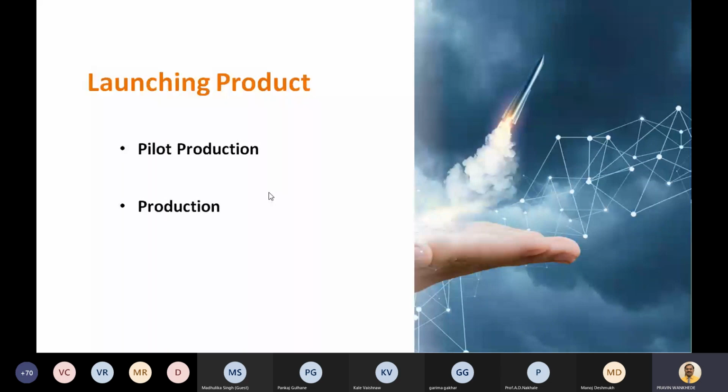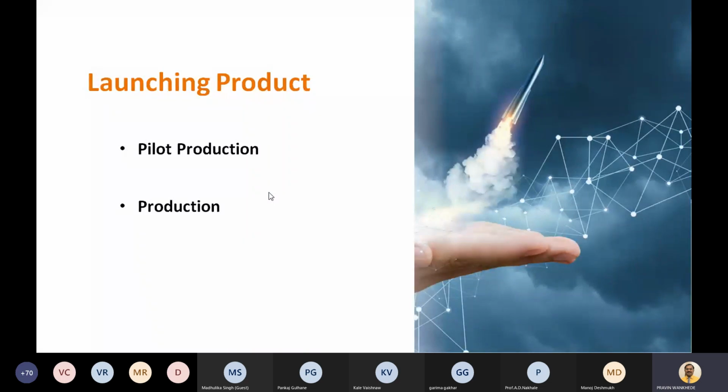As we know, the product launch happens after we have perfected an idea, we have validated it, we have built it as per our requirement, and we have tested it as per the features and the requirements in the application.